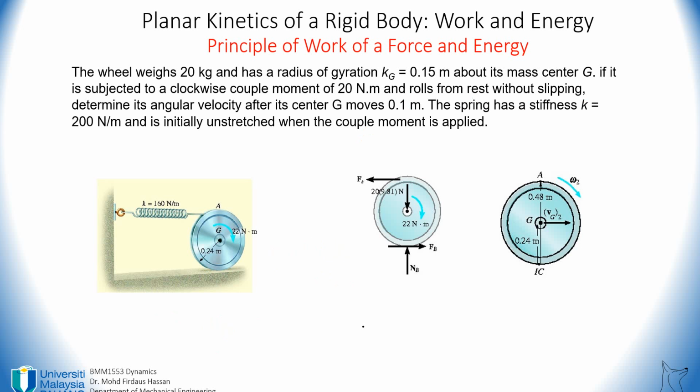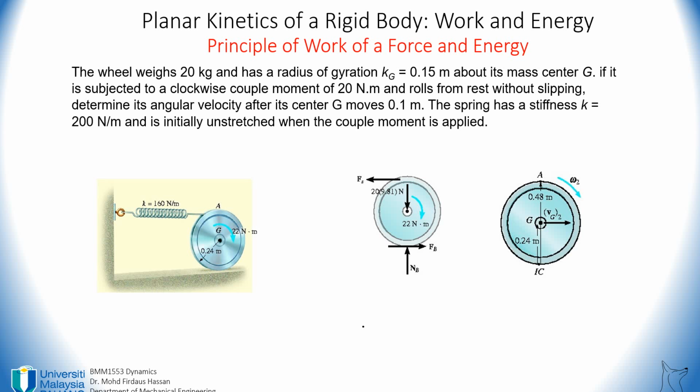There are some corrections. The mass remains 20 kilograms. The radius of gyration kG is 0.115. The couple moment is 20 Newton meter. The spring stiffness is 200 Newton per meter, and point G, the center, moves 0.1 meter from rest without slipping.